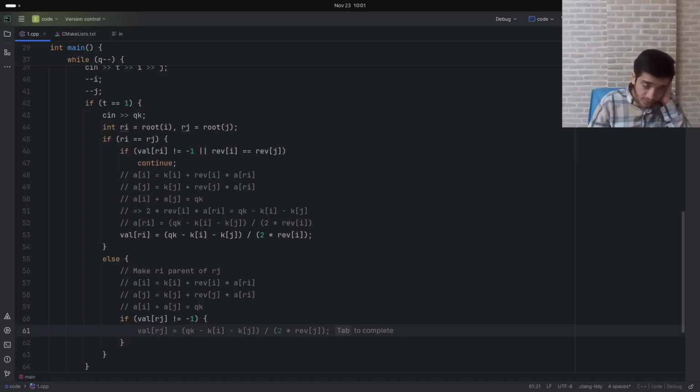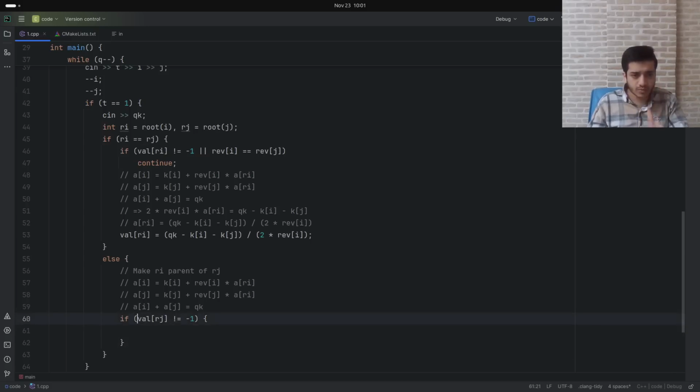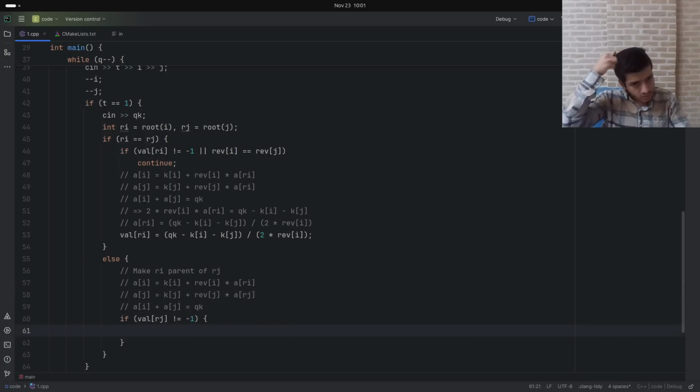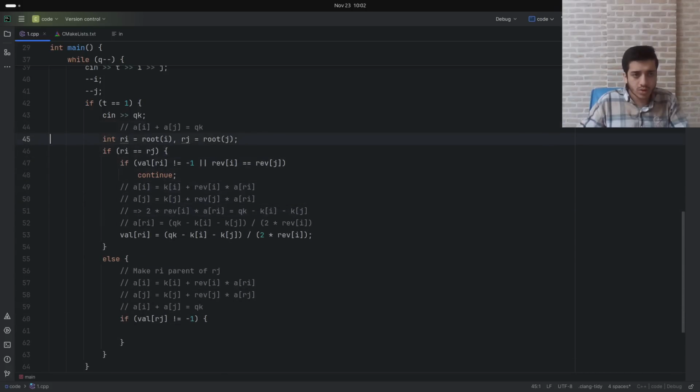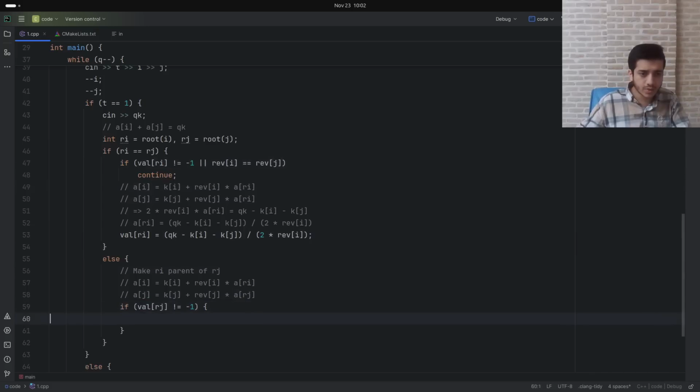How? Let me move this one here to avoid duplicates.